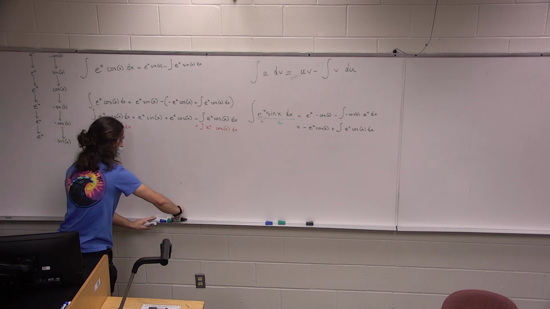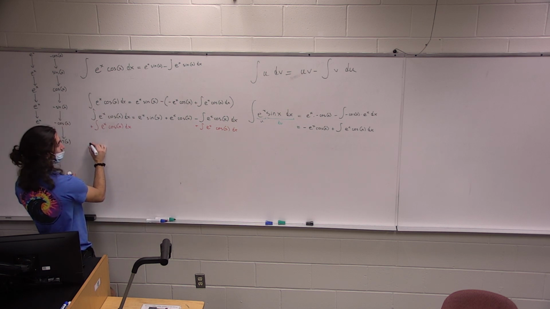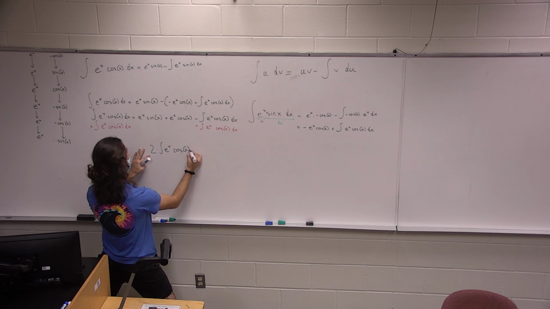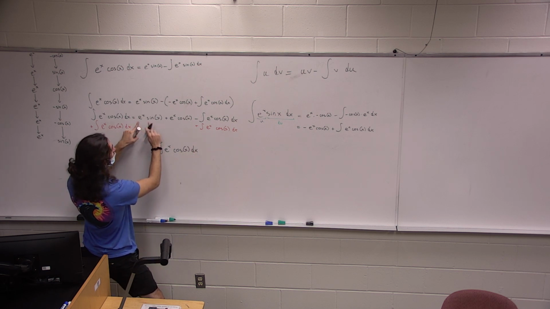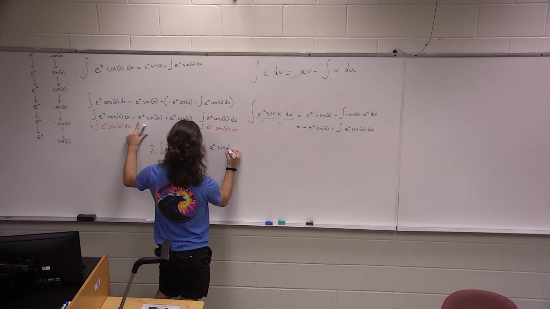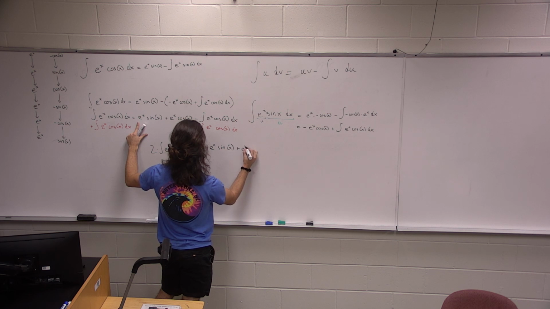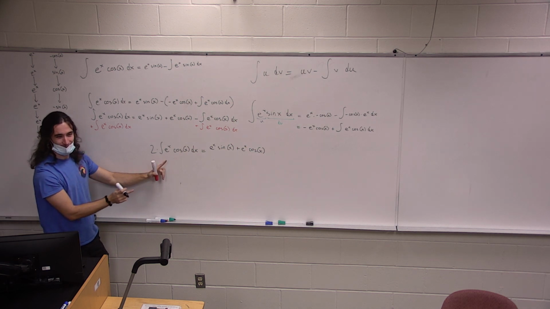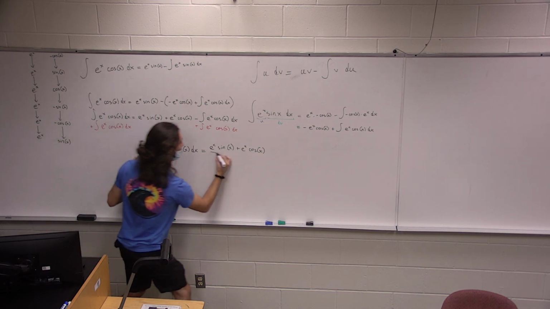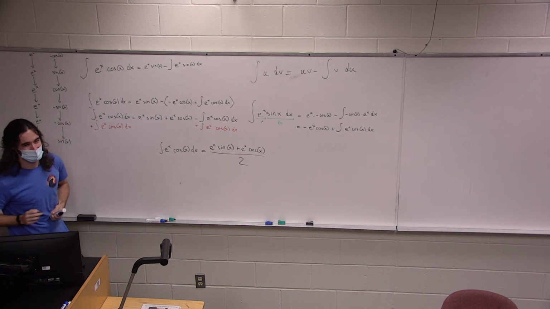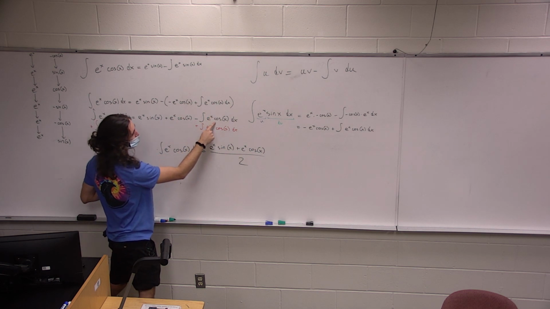And so it's going to become 2 times the integral that we're looking for is equal to these 2 terms, which do not involve an integral. And then what do you know? I've pretty much got it here, don't I? Boom, boom, done, right?